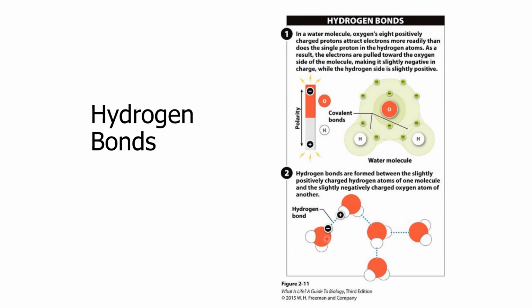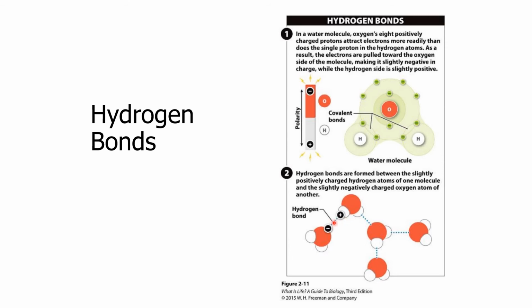So the negative side of this water molecule is going to be attracted to the positive side of another water molecule. And so that attraction, we call it a hydrogen bond because it's attracted to the positive hydrogen ion.